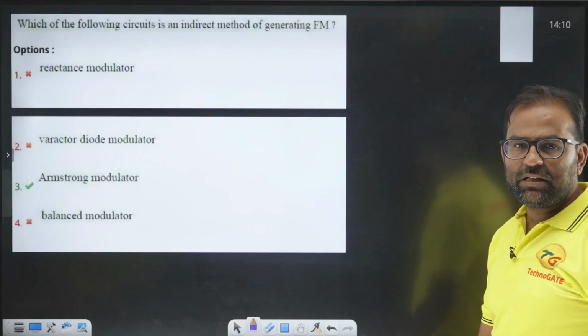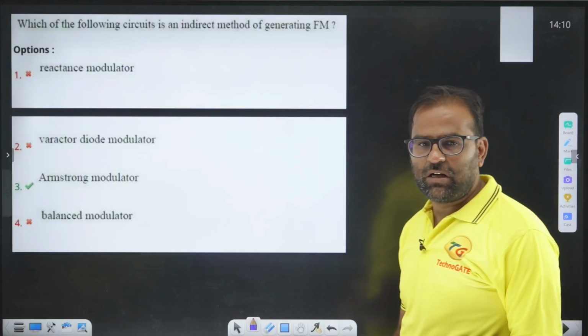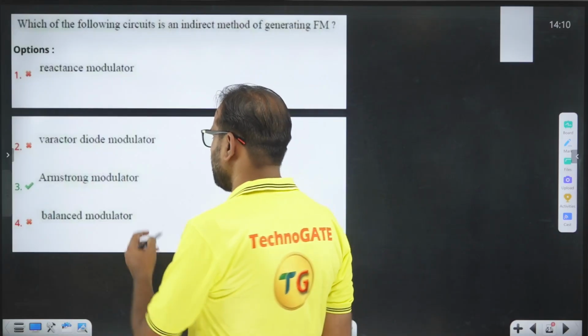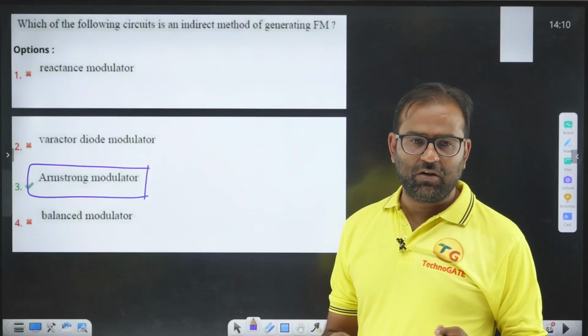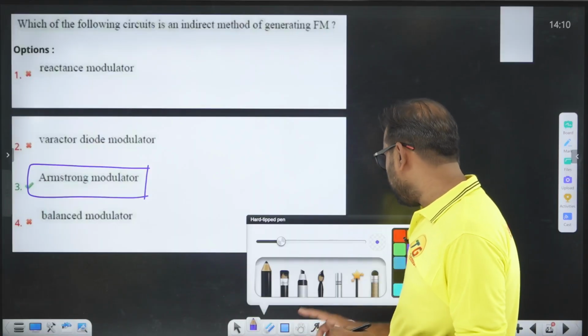Which of the following circuits is an indirect FM generator? Always remember the Armstrong modulator. What is the Armstrong modulator? It uses the concept of frequency multiplication.